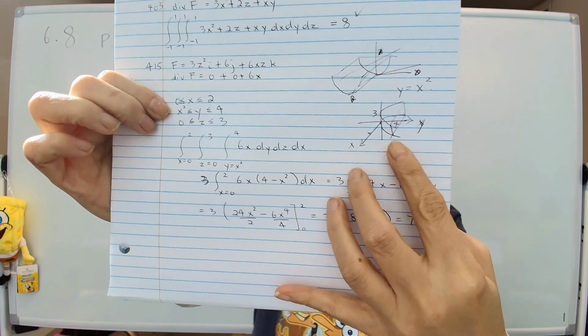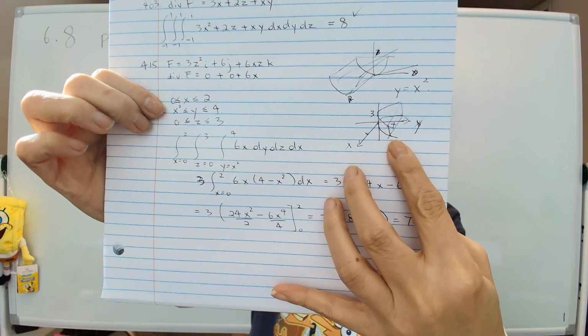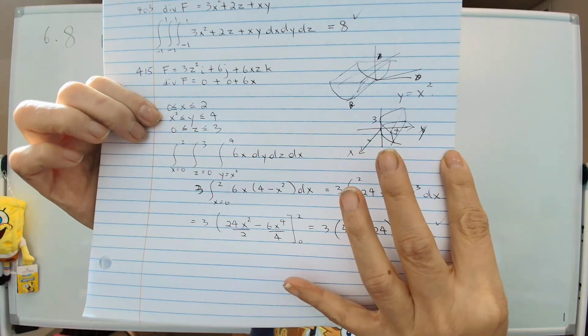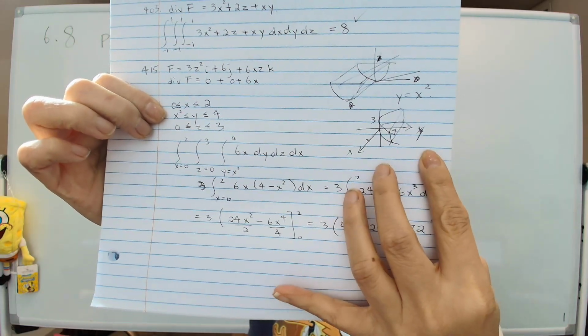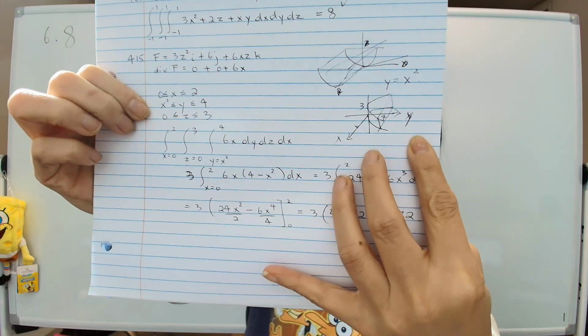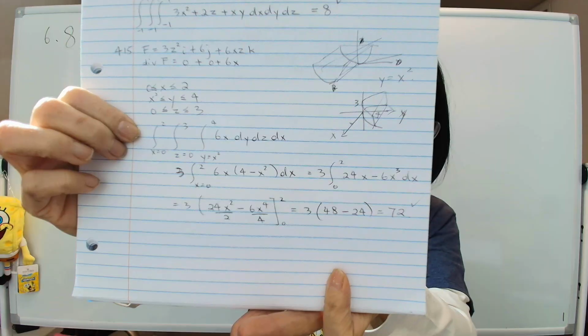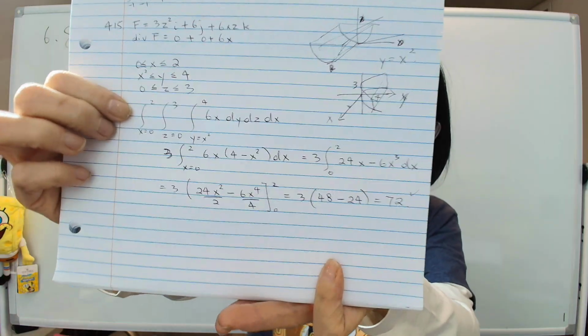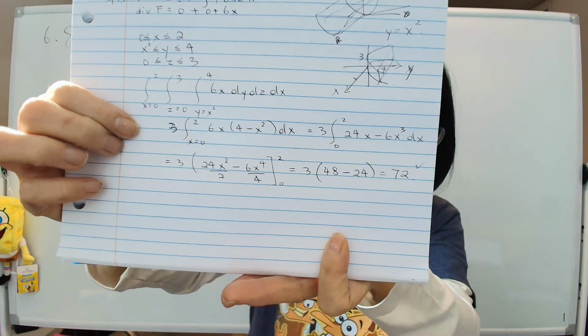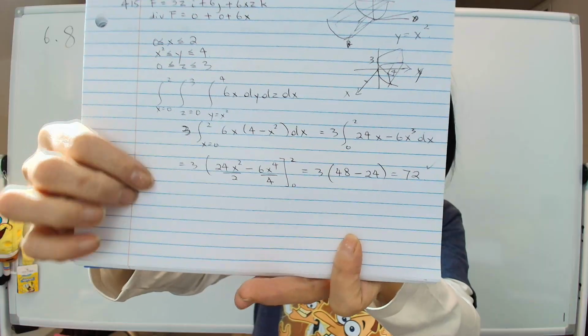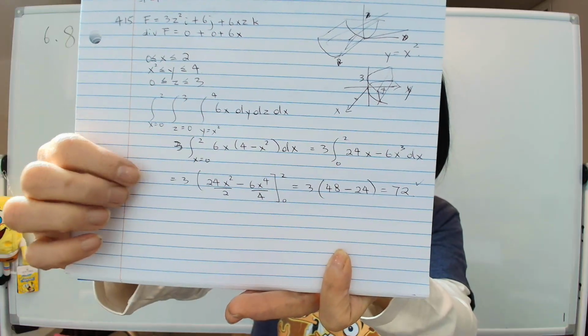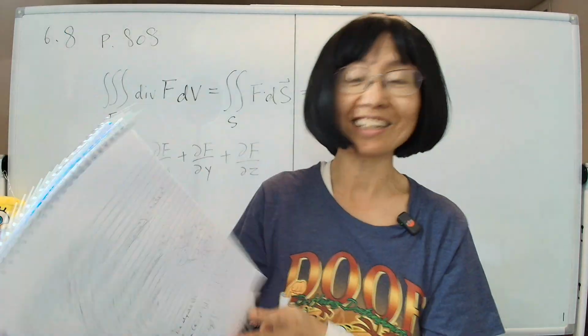Okay, you notice y goes down to the parabola, right? And then goes up, up means this direction for y, up to 4. And then z just goes from 0 to 3. So then you plug all these values and the divergence into your integration, and then calculate it. I don't even think you need to use the calculator, okay? And then the answer pops right out, and that is correct.